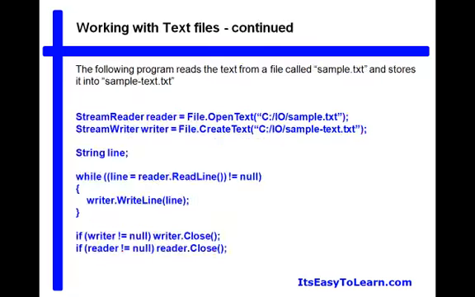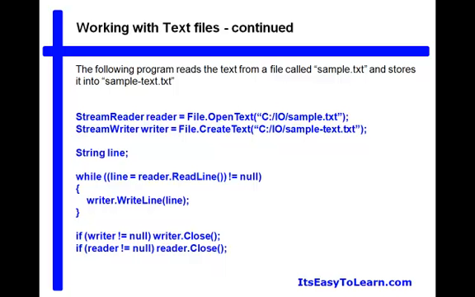So here, in this example, we are again going to copy a file from the source to destination, but we are going to use the stream reader and the stream writer. We say file.open text to get the stream reader and file.create text to get a stream writer. So sample.txt is going to be copied into sample-text.txt.